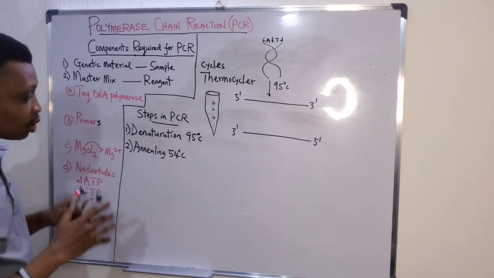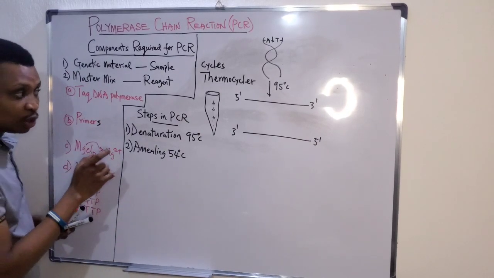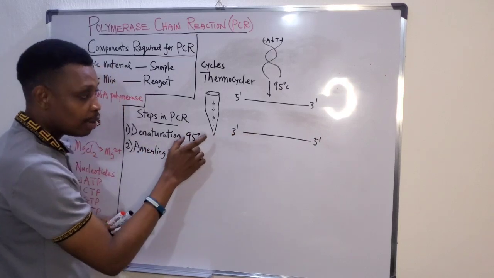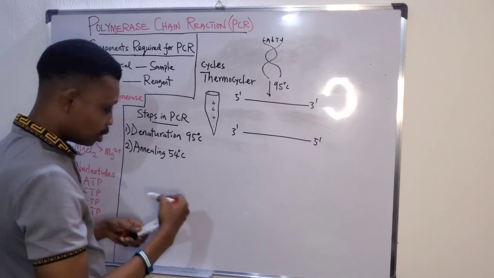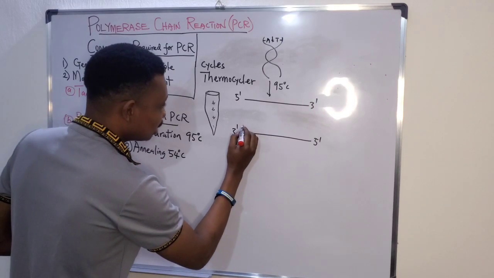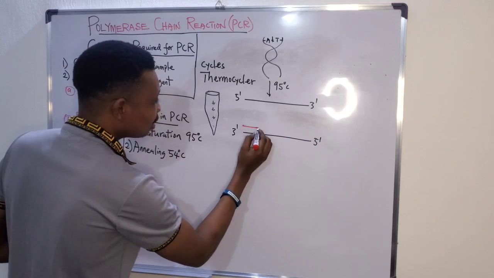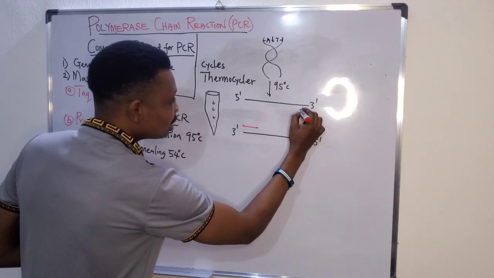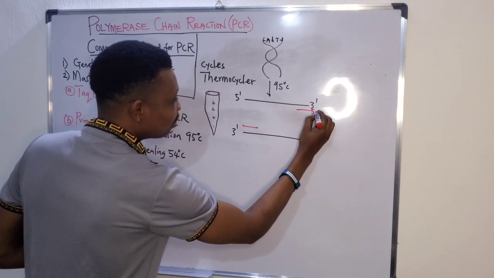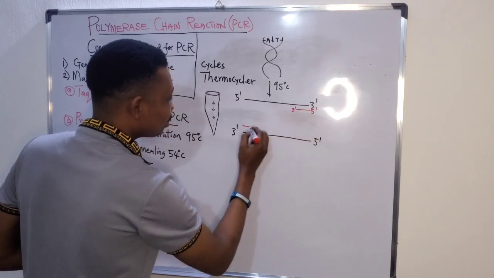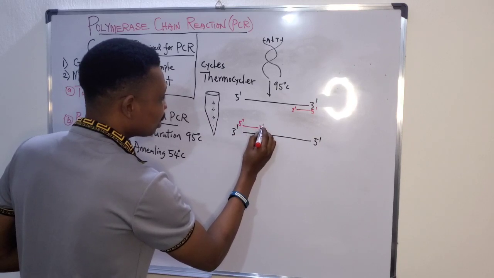And that process is called annealing, because at this temperature, the primers will begin to anneal or bind to their respective strand. So, this, of course, is the forward primer, while this is the reverse primer. So this will be 5 prime, 3 prime, and then this will be 5 prime, 3 prime.